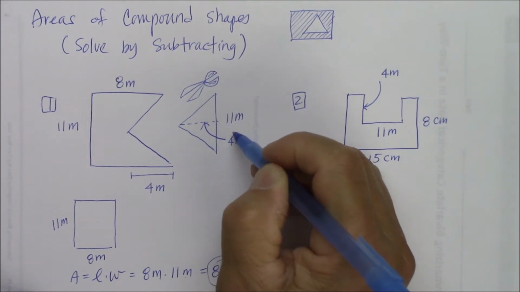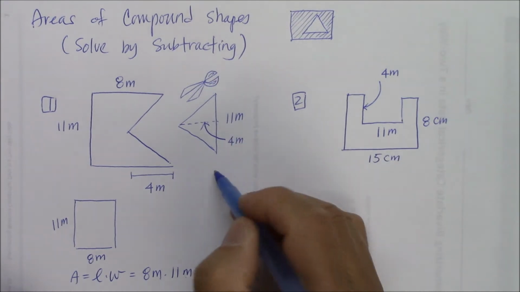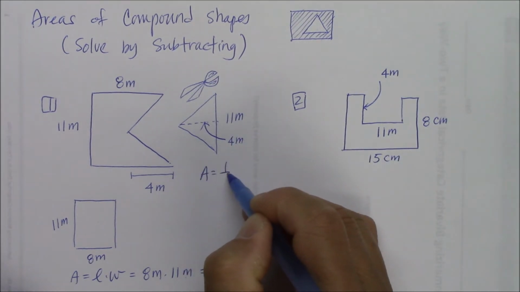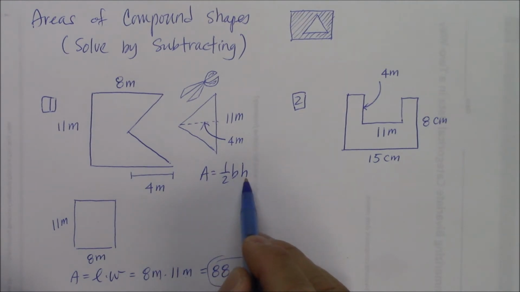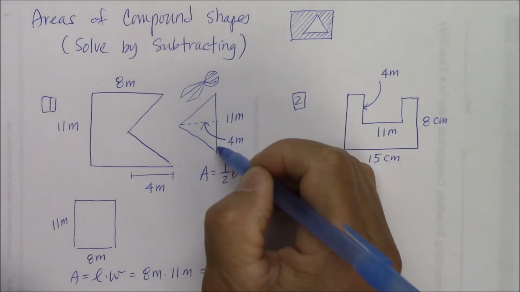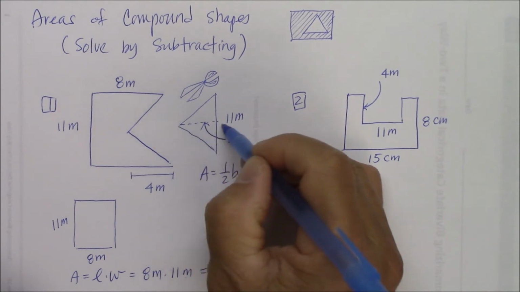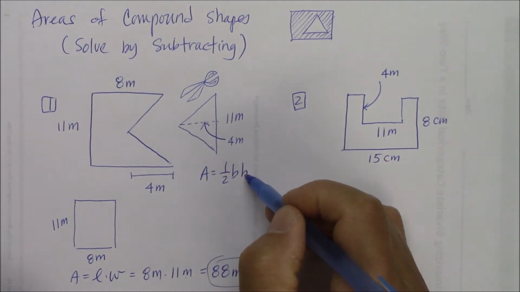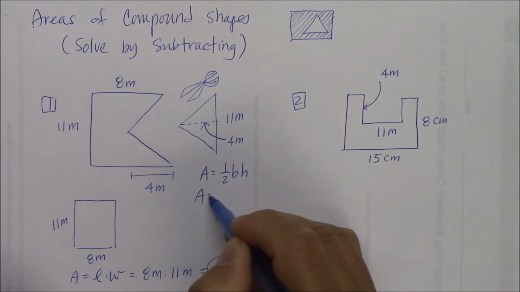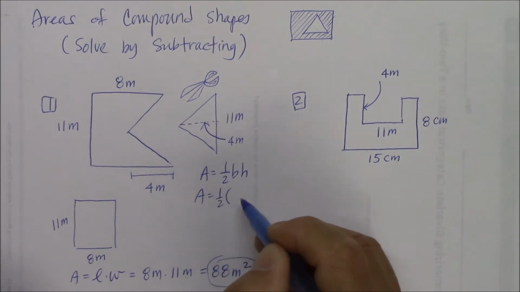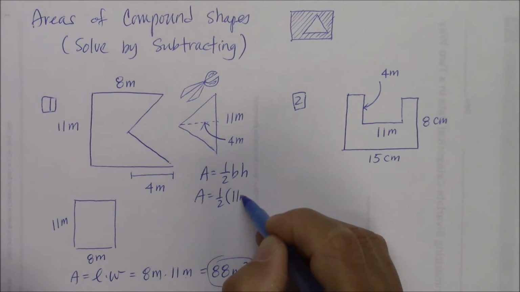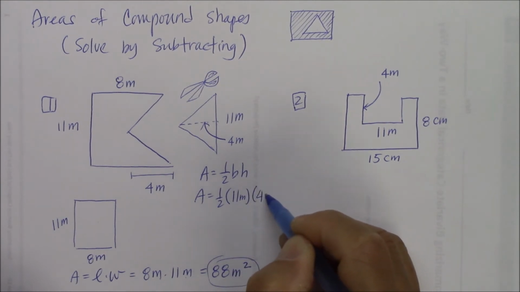So you have all the elements to find the area of this triangle, which the formula is 1/2 base times height. Again, it doesn't matter what we call it. It is a line, and a line that's perpendicular to that is going to be the height in this case. So when we substitute the base and the height with the numbers, base is 11, height is 4.